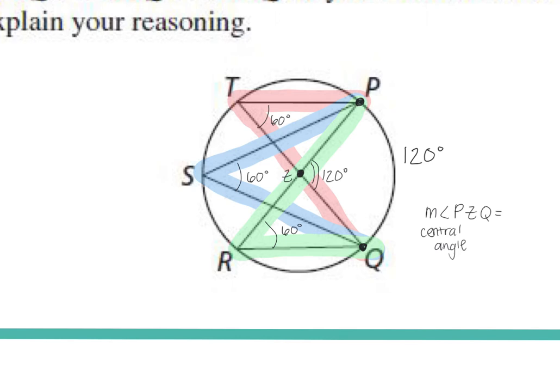So if that arc PQ was 120, then PZQ going through the middle of the circle has to be 120 as well. Think about when you stretch that vertex to the edge of the circle, you're actually just dividing the arc by 2. That's how you can think about it. So if you move it back to the middle, it's just going to be the same as the measure of the arc.